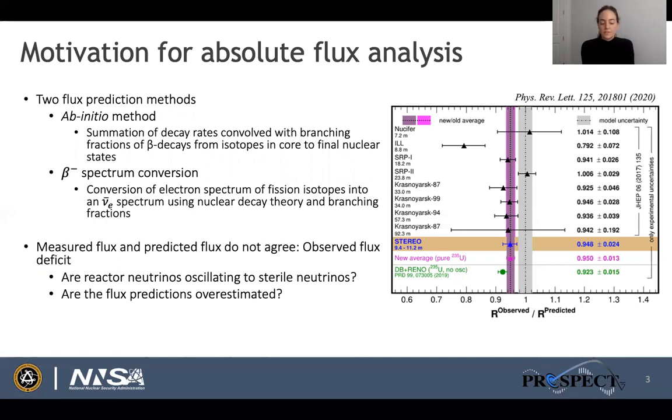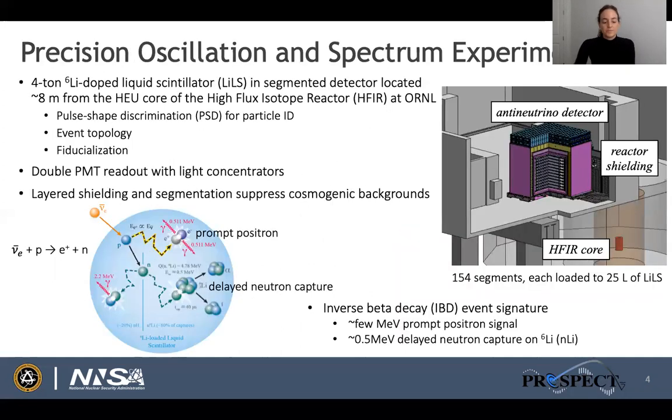So there's a clear deficit evident in the majority of the measurements, and we want to know why. Potentially the reactor neutrinos are oscillating to a sterile state, and we'd want to discover that. Or maybe the flux predictions we made are wrong and overestimated, and we just need to correct our models.